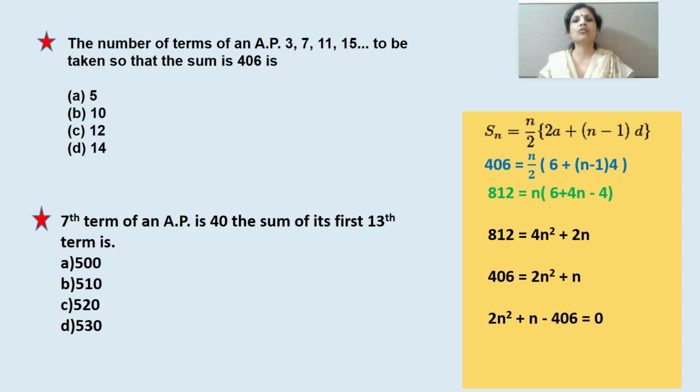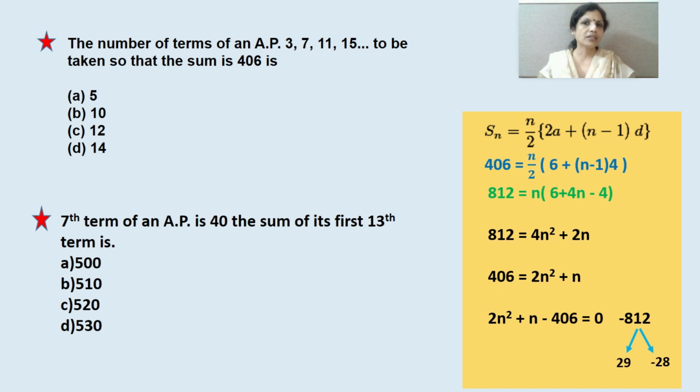Since the coefficient of the square term is not equal to 1, we'll take the product of 2 into 406. That product is minus 812. We will find the factors of minus 812 in such a manner that the sum of the factors is equal to plus 1. So the factors are plus 29 and minus 28.